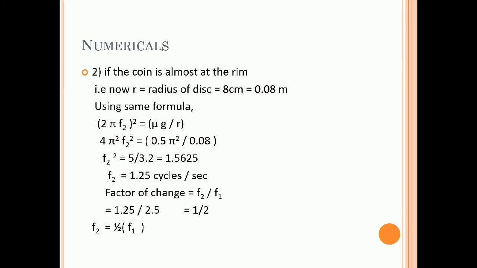Next, because at the last it is given that the coin is almost at the rim of the disc, r here will be equal to 8 centimeter because the disc has radius 8 centimeter. So 8 centimeter will be 8 into 10 raised to minus 2, that is 0.08 meter.